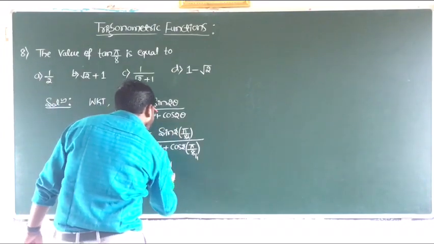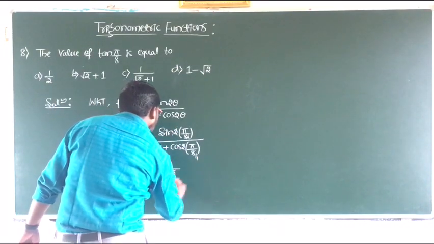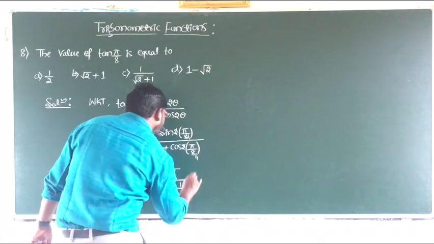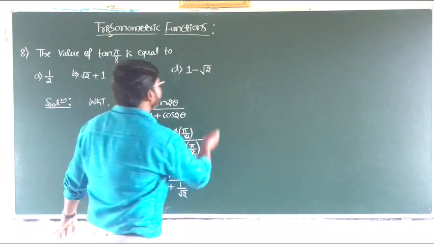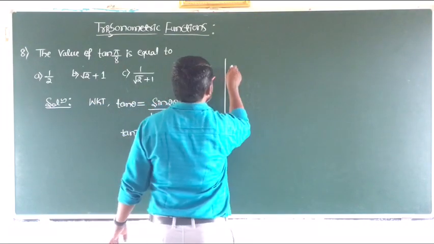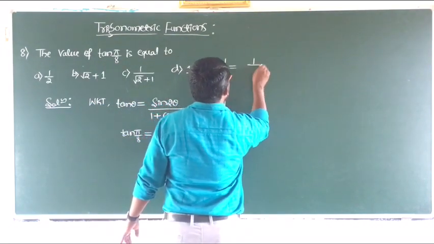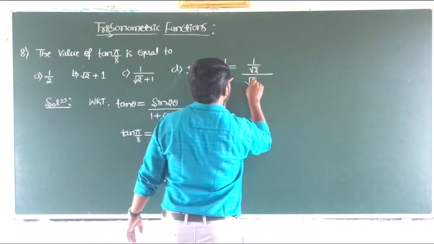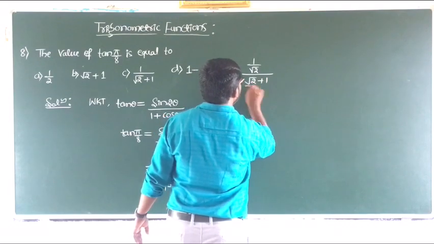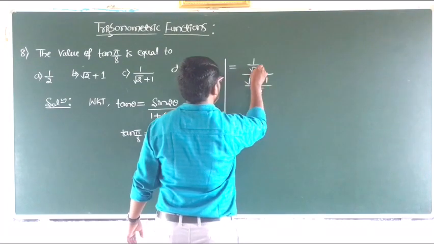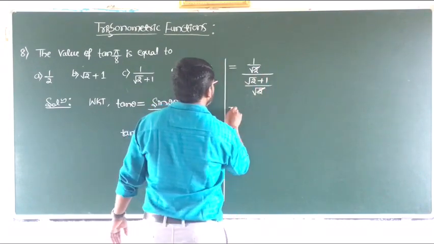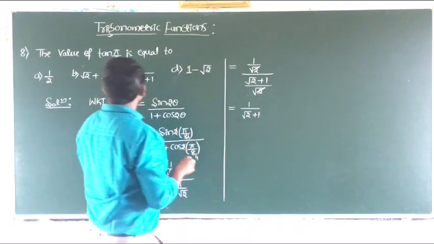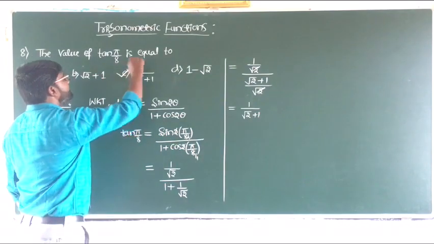It is 1 by root 2, whole divided by 1 plus cos pi by 4, that is also 1 by root 2. Writing the numerator as it is, we get 1 by root 2, whole divided by root 2 plus 1 divided by root 2. So root 2 and root 2 cancel. We get 1 divided by root 2 plus 1. So the answer is option C.